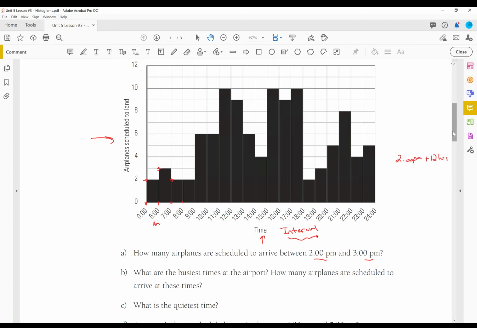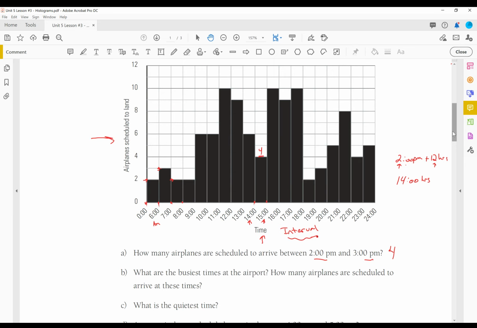So if we add 12 to 2, we get 14. So we'd be at 1400 hours. So 2 o'clock is 1400, and 3 o'clock for the same reason is 1500. So here's my interval. Between 2 o'clock and 3 o'clock, this is my data point. There are 4 planes scheduled to land.